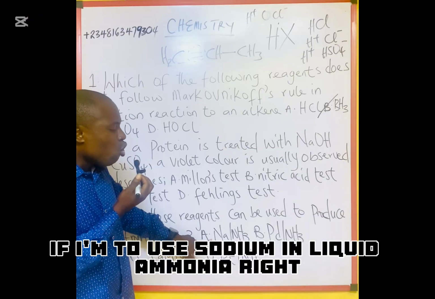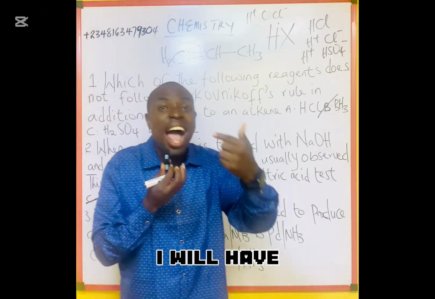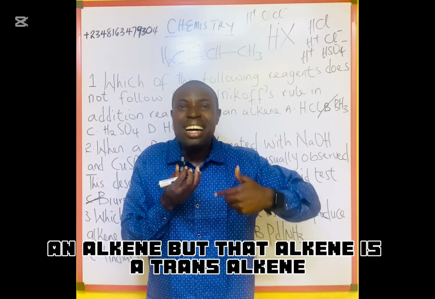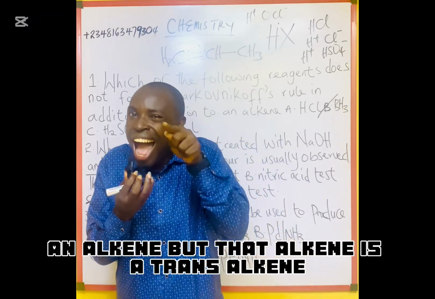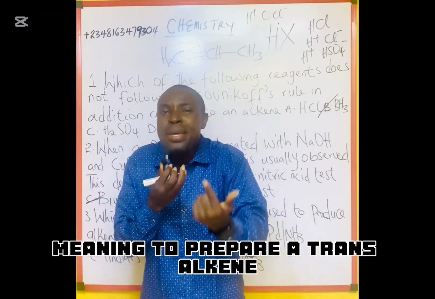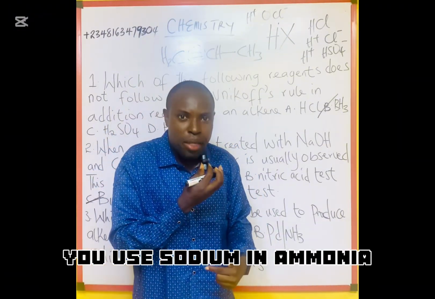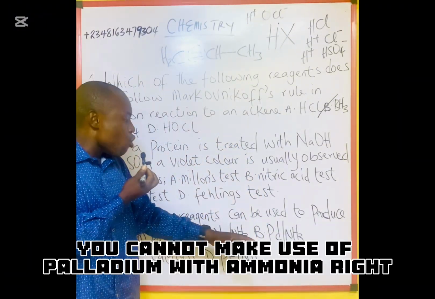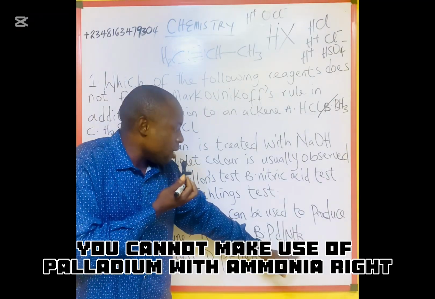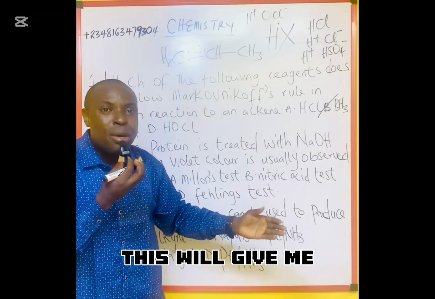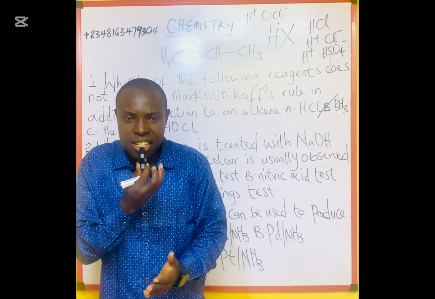If I use sodium in liquid ammonia, I will have an alkene, but that alkene is a trans alkene, meaning to prepare a trans alkene, you use sodium in ammonia. Am I correct? Yes. You cannot make use of palladium with ammonia, because normally this will give me straightaway alkanes.